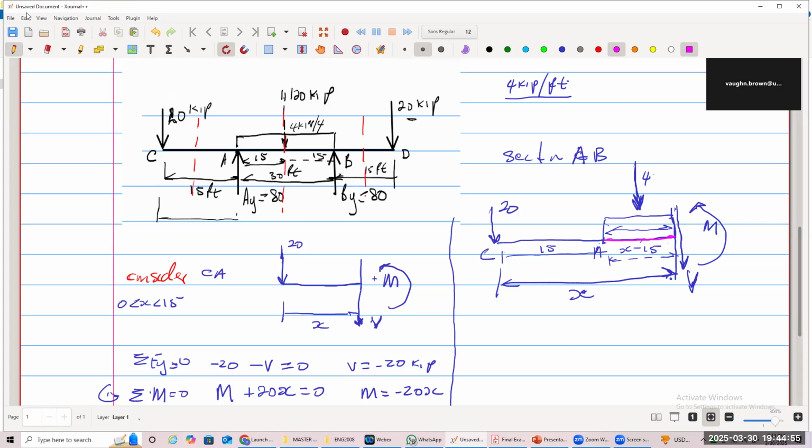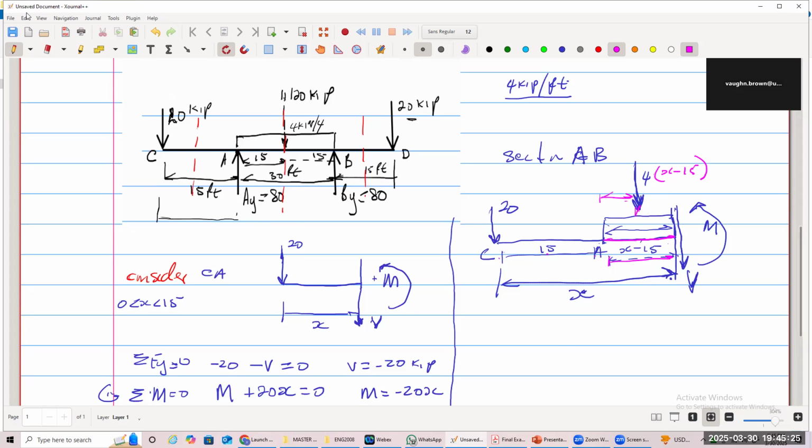If the distance between C and A is 15, then the distance between these points is going to be x minus 15. So x minus 15 would give us the actual force coming down now. Everybody agree with that? And your UDL always acts at the center.